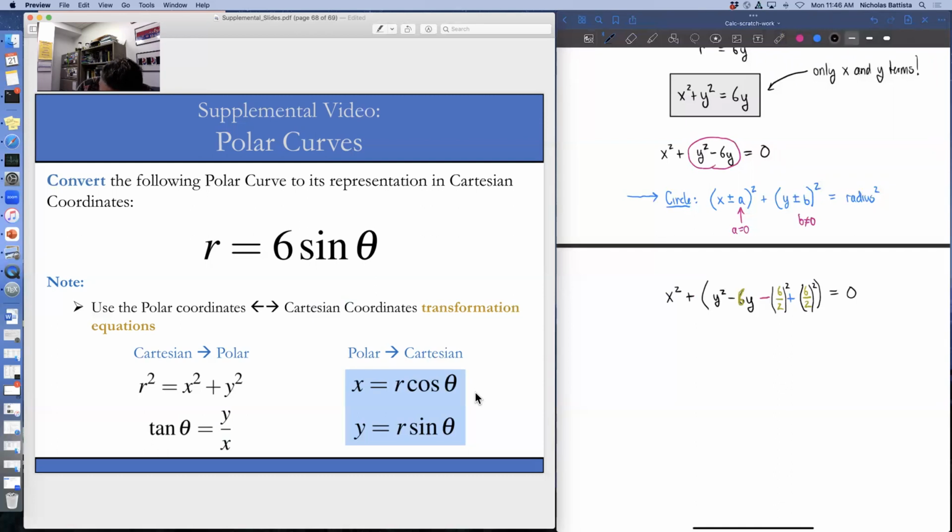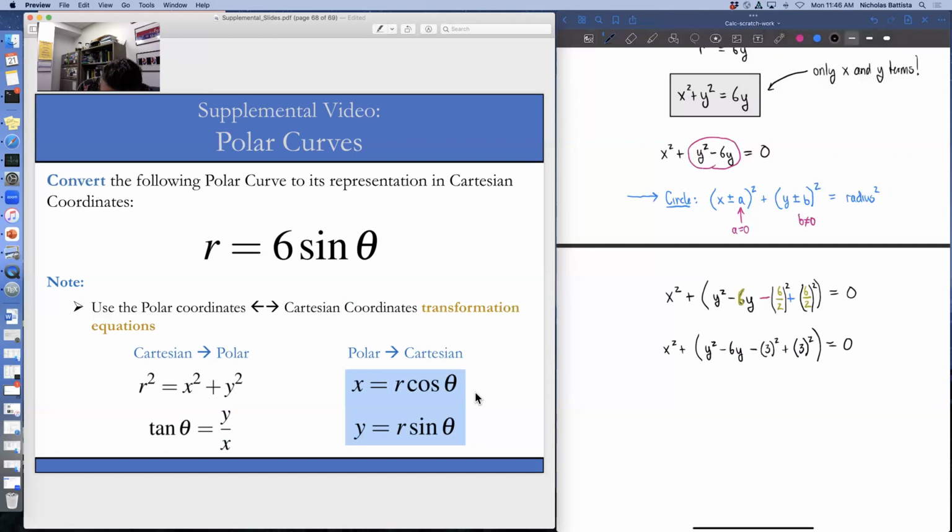All right, so let's see what we have now. We have x squared plus the quantity y squared minus 6y. We'll have minus 3 squared plus 3 squared. And that still equals 0 on the right-hand side.